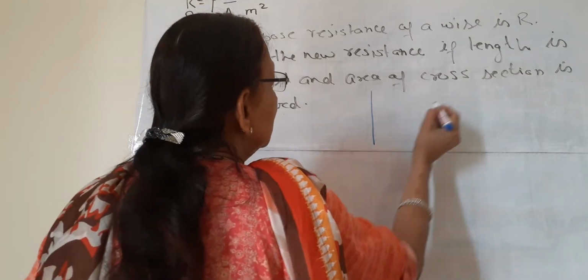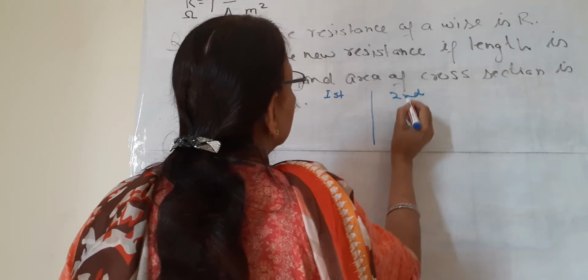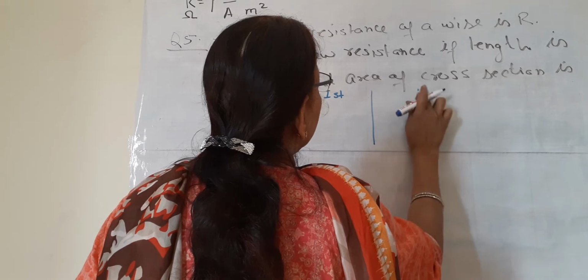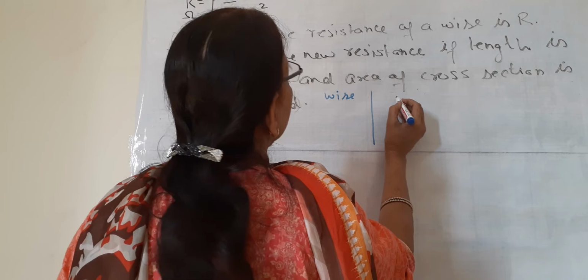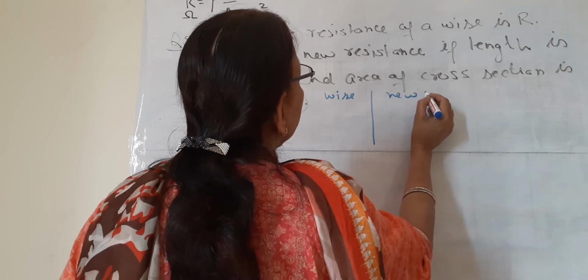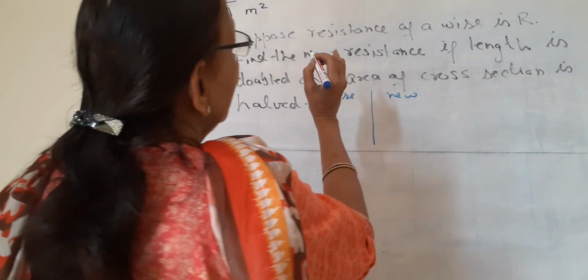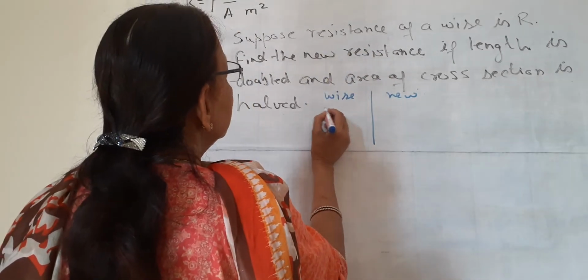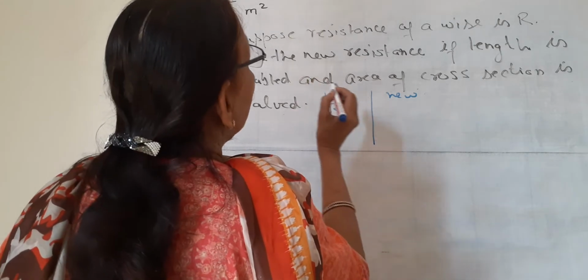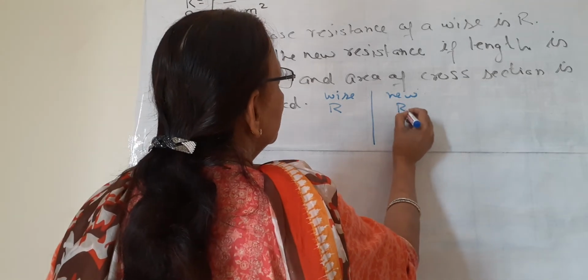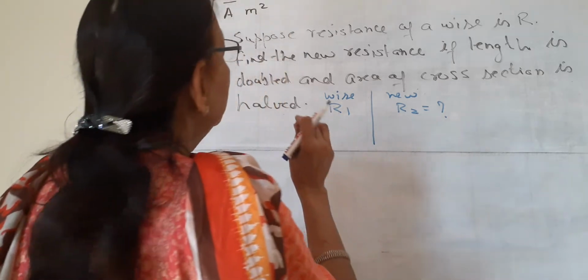So this is first wire or before, and you can write here new wire, after. So what is given? The resistance of a wire is R. Find the new resistance. So R2 we have to find. Suppose this is R or R1.